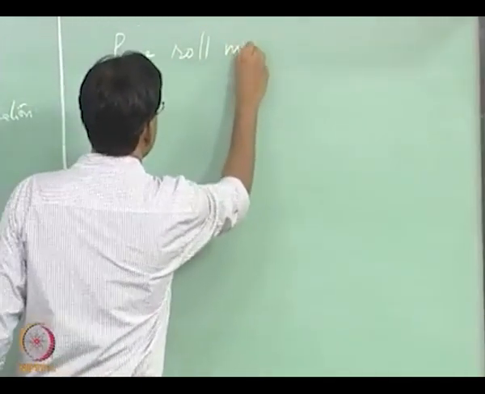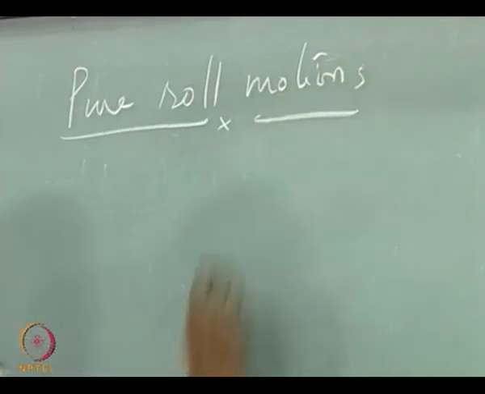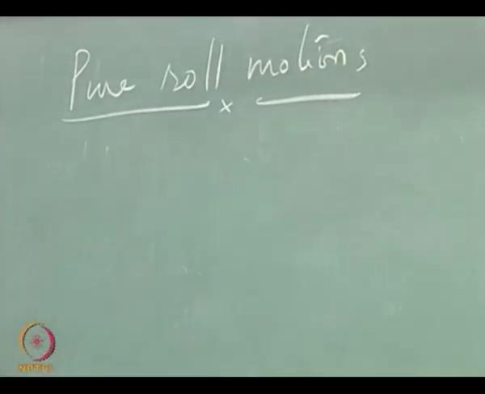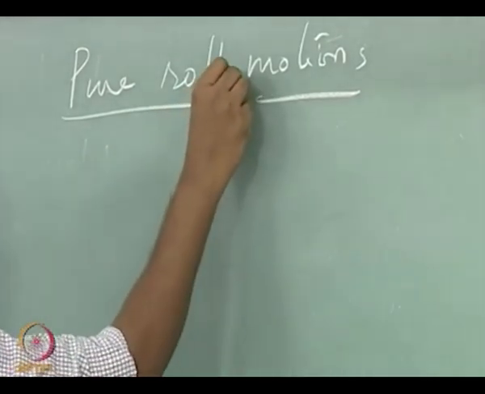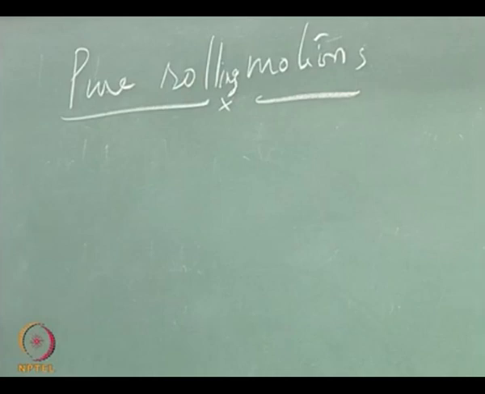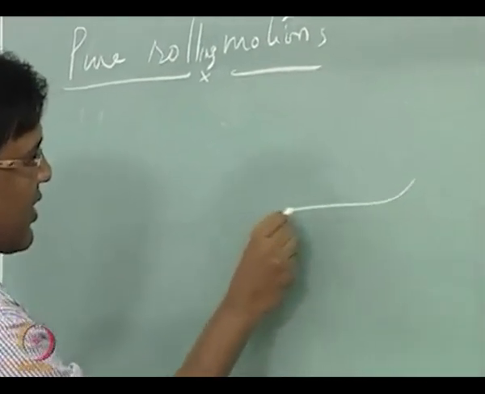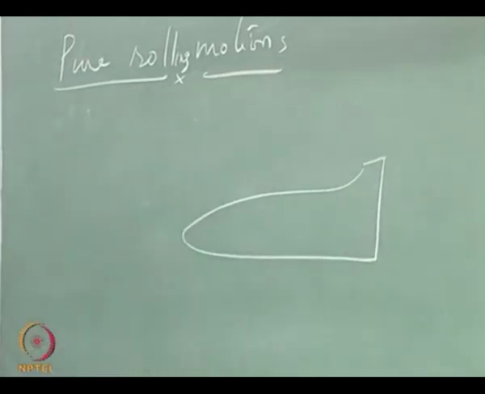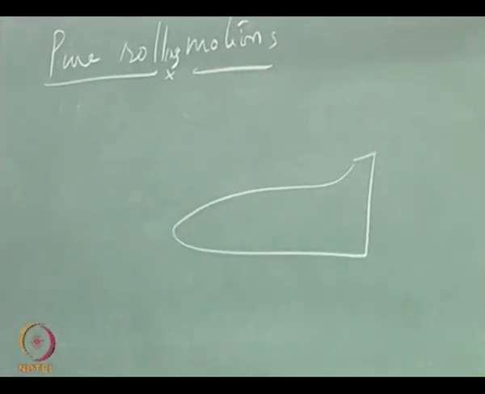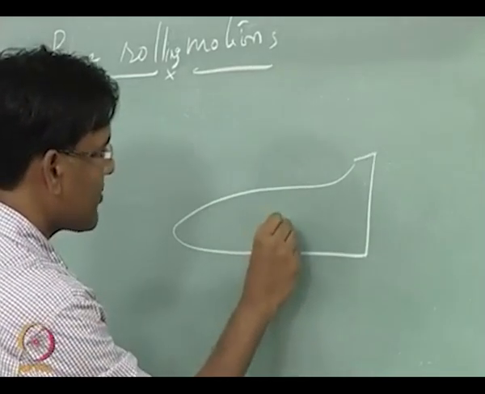some constrained motions. So pure rolling motion. So what you are doing is you are mounting your aircraft, model of aircraft in the wind tunnel, so that it has only 1 degree of freedom.